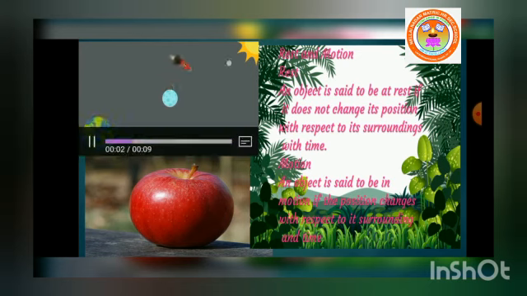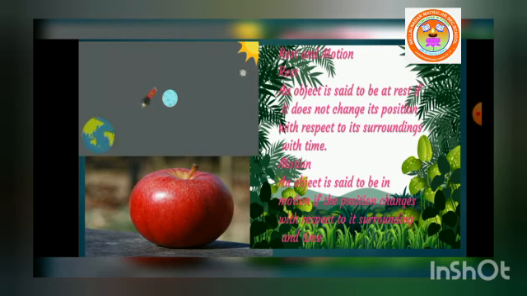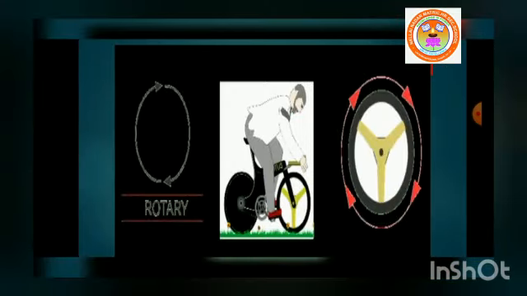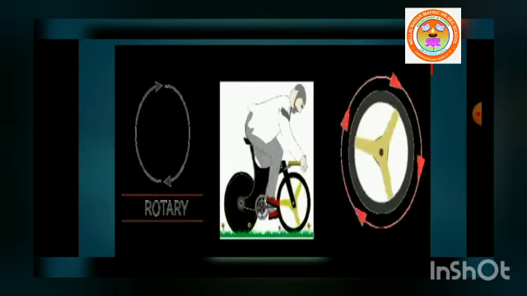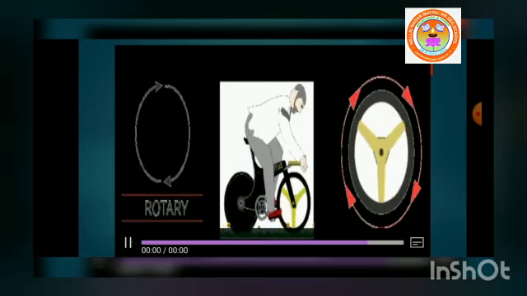An object is said to be in motion if its position changes with respect to its surroundings and time. In the previous classes, you have learnt about various types of motion such as linear motion, circular motion and oscillatory motion.